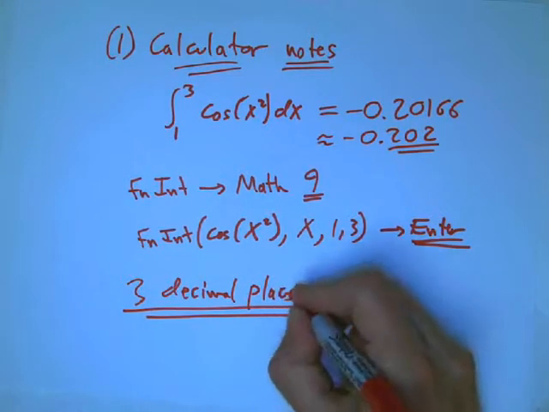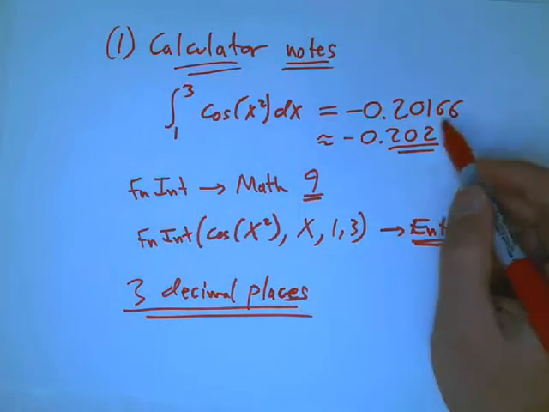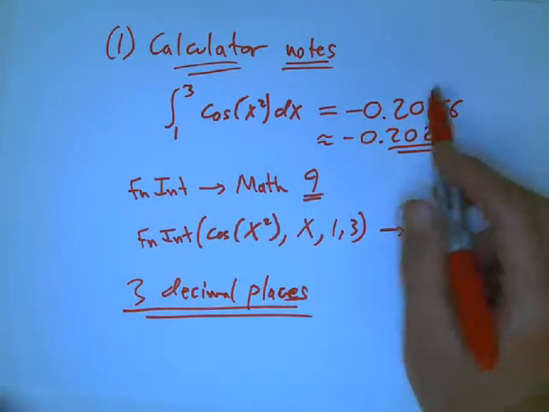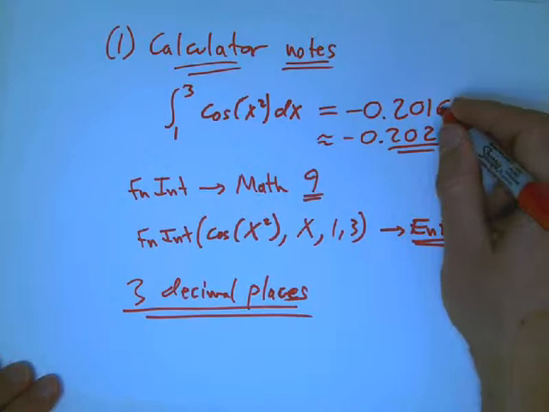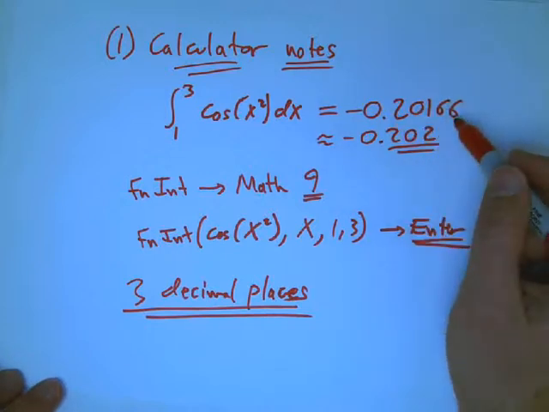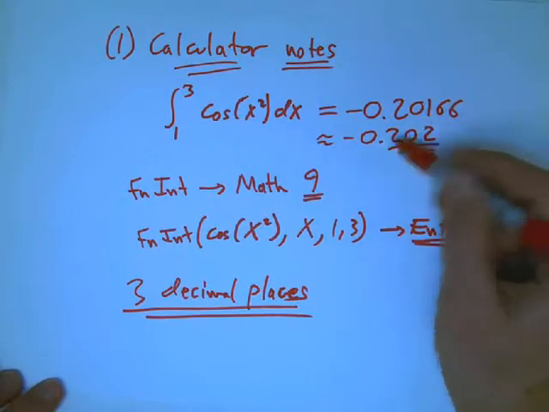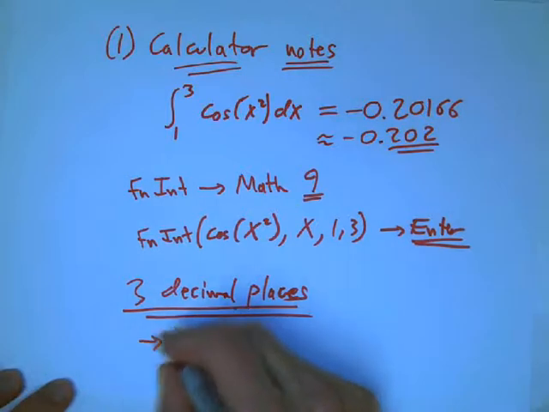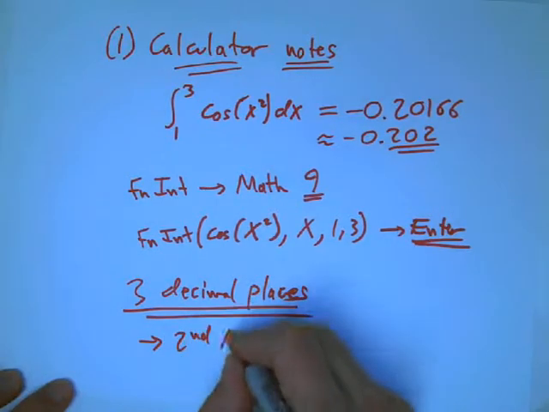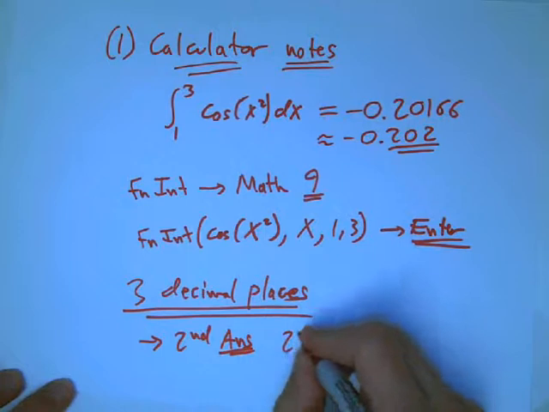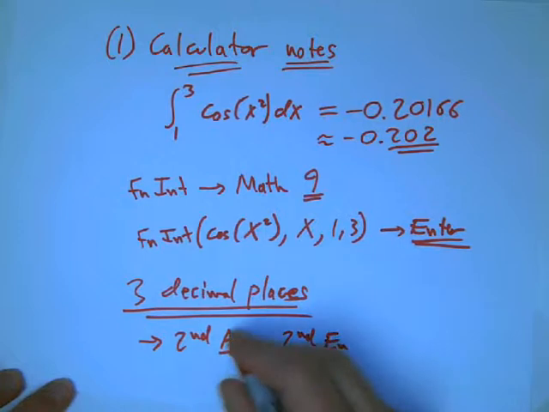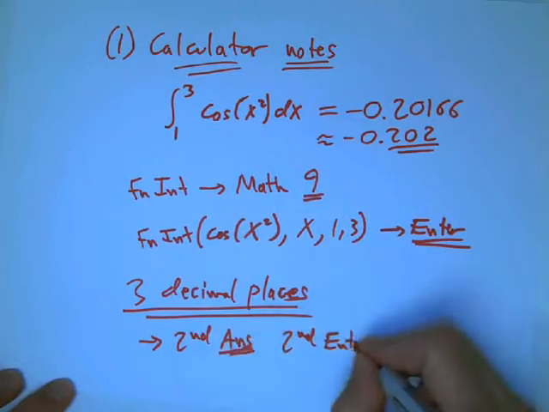And if you're doing a multi-step calculation, please leave as much accuracy as you can in intermediate calculations. You don't want to degrade your accuracy. So use things like the second answer button, or use second entry. This is the shift of the weird minus. This is the shift of enter. And that's a way to get your answer back in full accuracy on the screen.